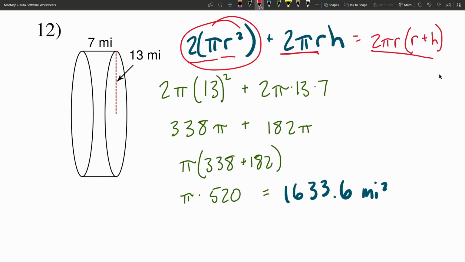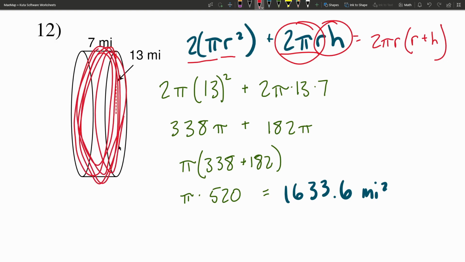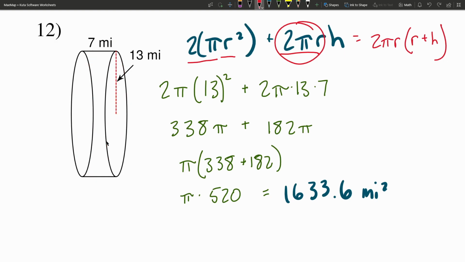So if you want to shorten the formula, use this, but I think it's easier to think, again, as surface area adding up the areas of all the sides. We have 2 bases, which are 2 times our pi r squared, and then we have that circumference multiplied by the height, which gives us the total area of that other side that wraps around. But again, 1,633.6 miles squared is our solution in number 12.